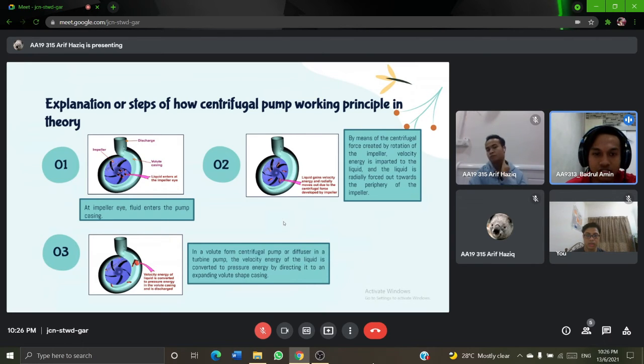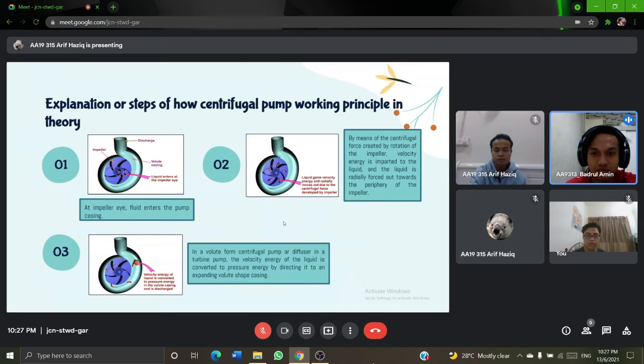So the first step is in a centrifugal pump, fluid enters into the casing and falls on the impeller blades at the eye of the impeller. Next, the fluid is wheeled tangentially and radially outwards until it leaves the impeller into the diffuser part of the casing. While passing through the impeller, the fluid is gaining both velocity and pressure.